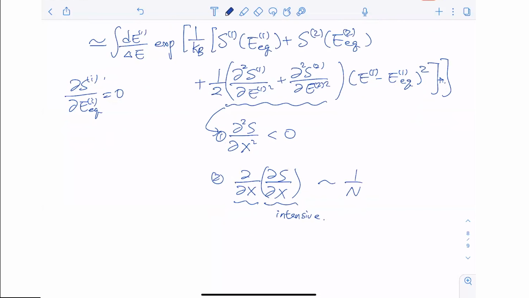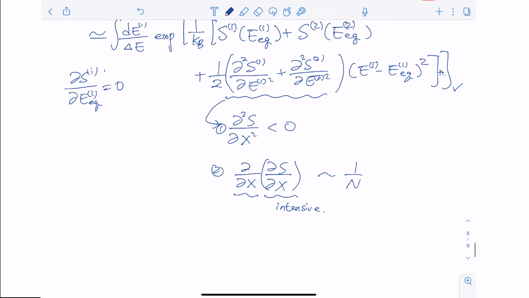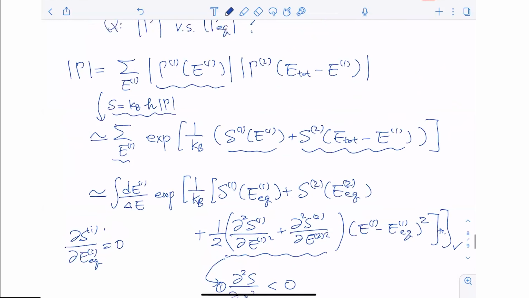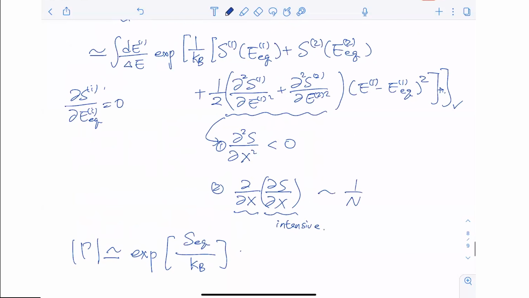So if we want to evaluate this expression that we just derived by expanding it around the equilibrium value, we'll see this gamma is approximately exponential of the equilibrium entropy divided by kB times something, and this something came from the integration over E1.